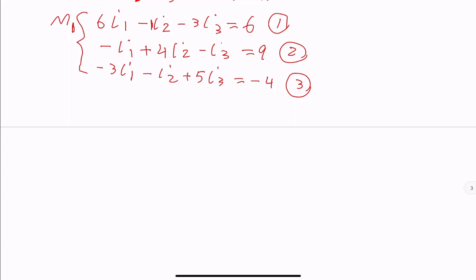Solving three equations in three unknowns, there are different ways of doing it. You can use matrices, we can use elimination of variables, substitution for one variable in terms of the other ones. We can use Cramer's rule.